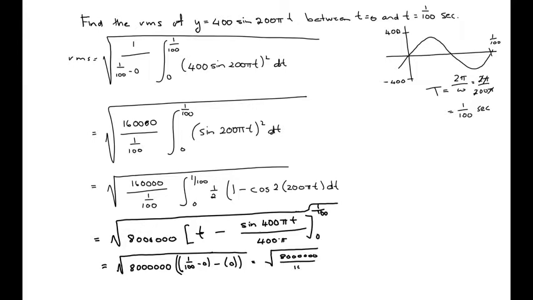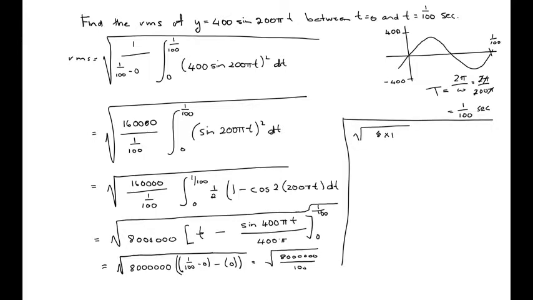over 100. Now, here's where we need to get a bit more tricky. We need to simplify this. We can write that's the square root of 8 times 10. No, actually, if I rub that out, 8 times 10 to the 6. And it's over the square root of 100, which is 10.